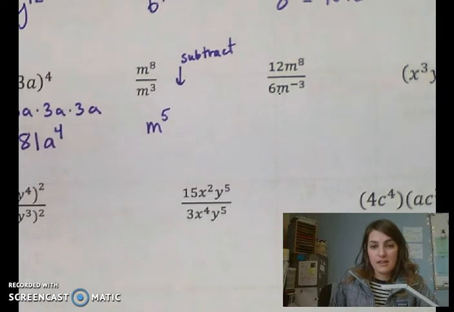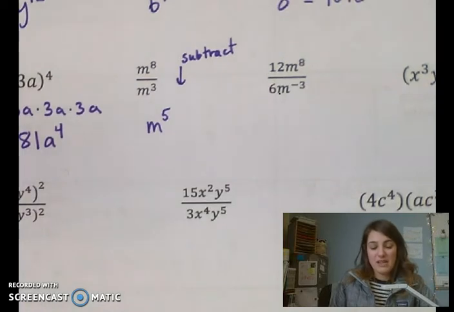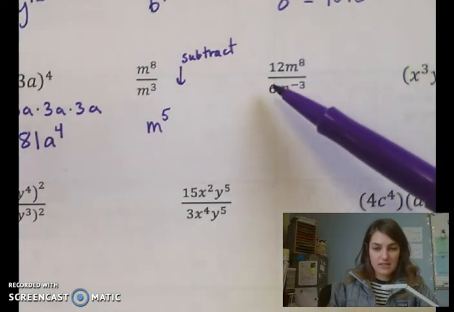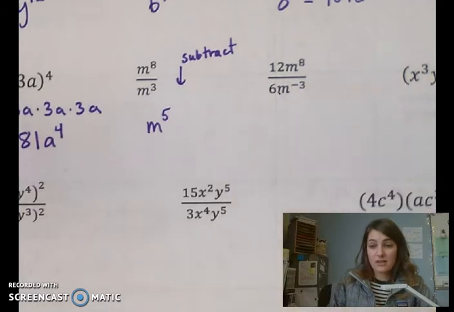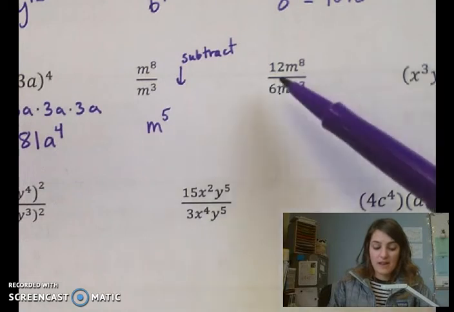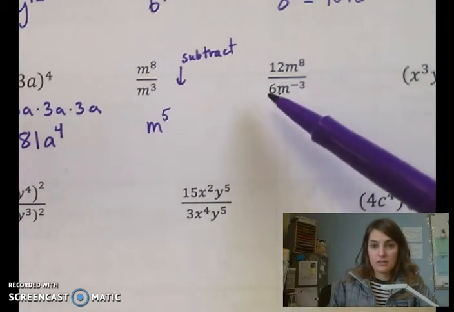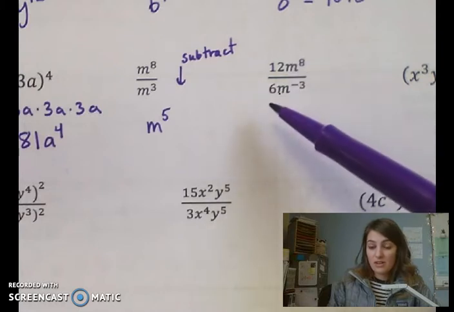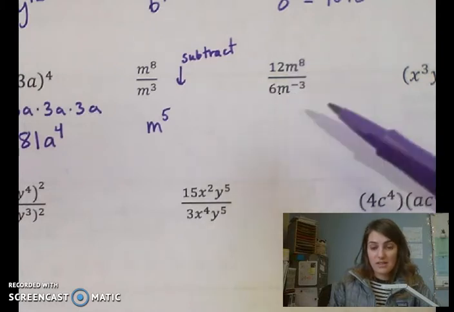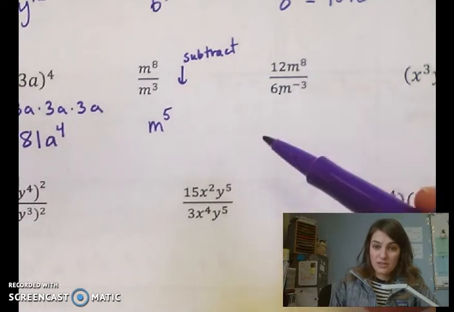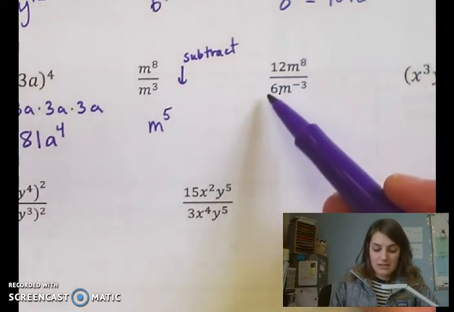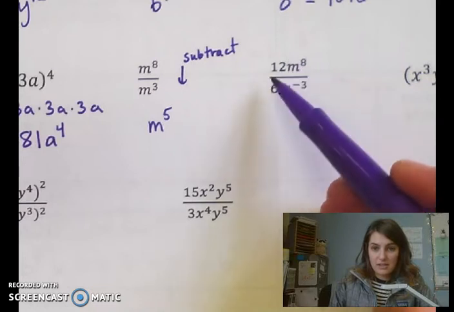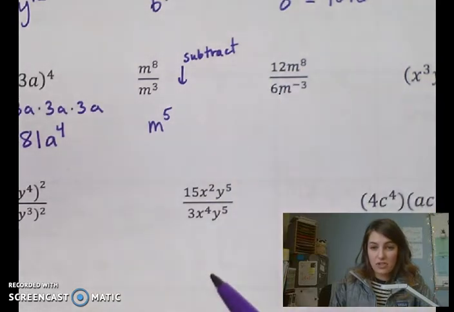Okay, again here, we really need to pay attention, because this 12 and this 6, they're not exponents. So don't subtract those. They are just normal numbers that are being divided. You can think of it as division, or you can think of it as that they're going to reduce. Either way, it's the same result. The 6 is going to cancel out 6 up there, which is going to leave a factor of 2.